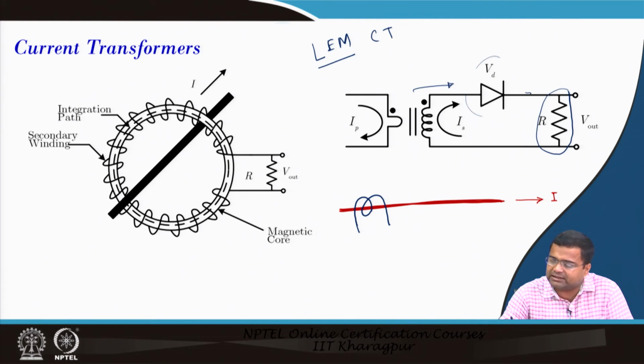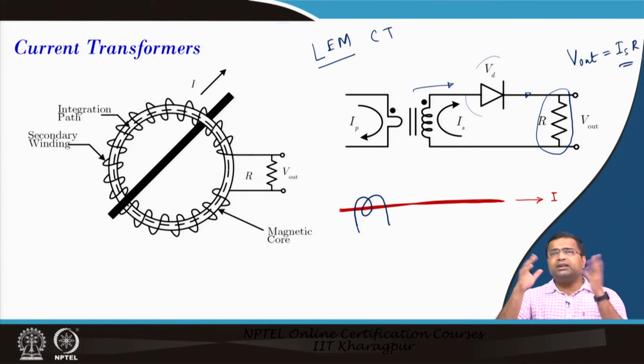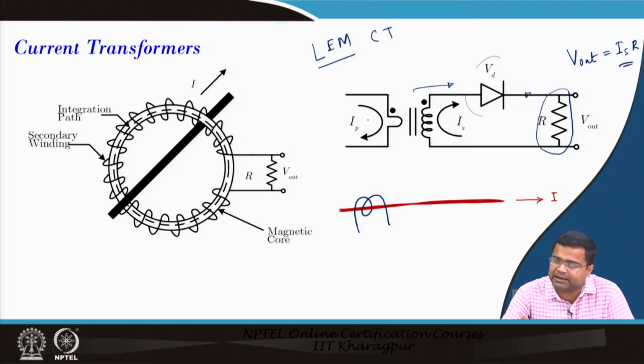Whatever current is going through the secondary side into R, your V out is IS into R. This R is typically 1 kilo ohm or maybe hundreds of ohms, and you need to decide accordingly. IS and IP are related by the turns ratio, and then you will get the actual current.